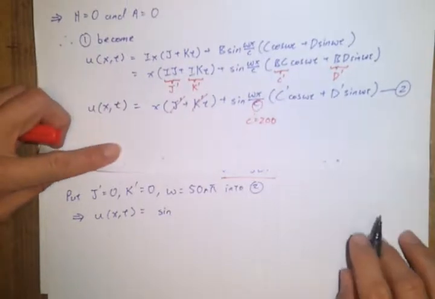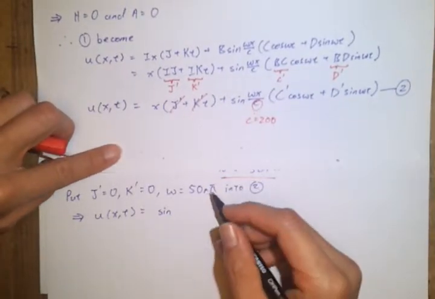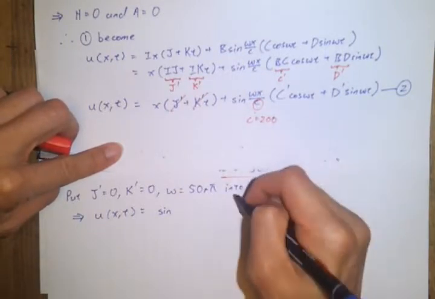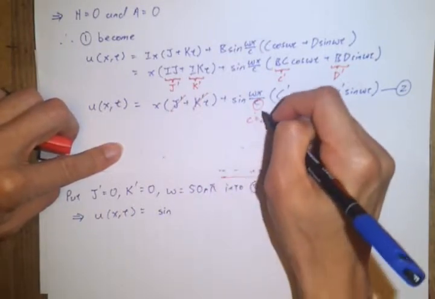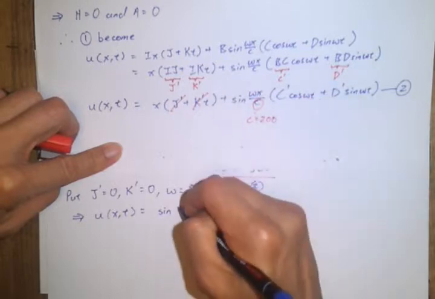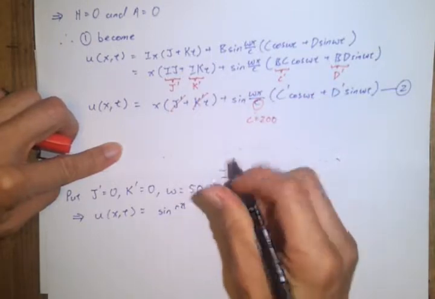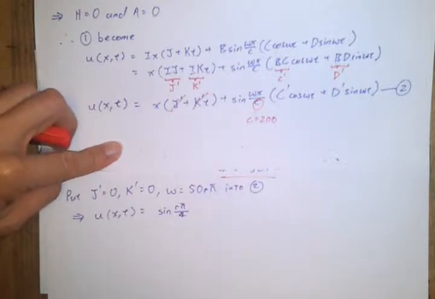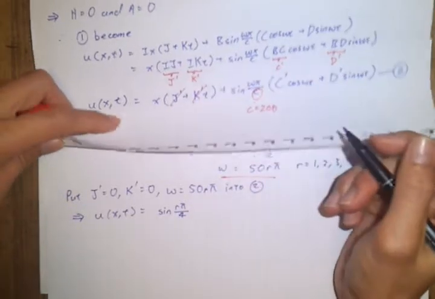Okay, so now we have sine omega is 50 r pi x. 50 divided by 200 is 4, right? Let me just check that I didn't make any mistake.